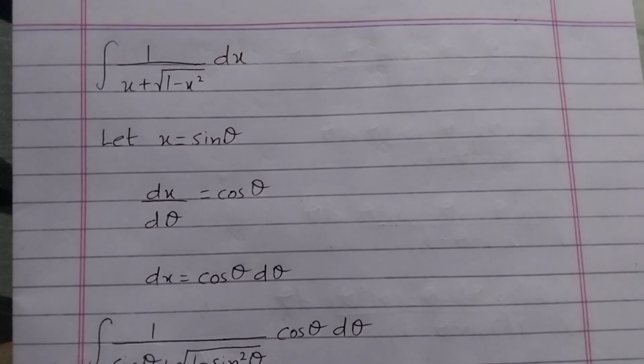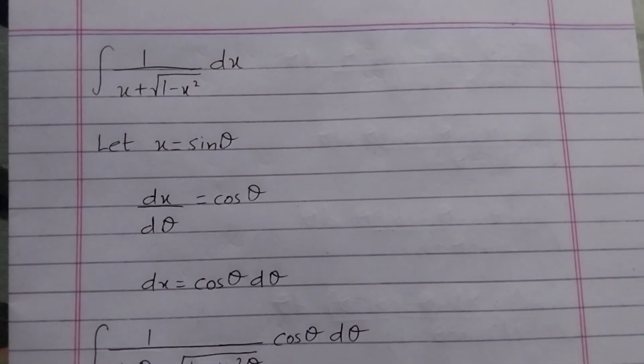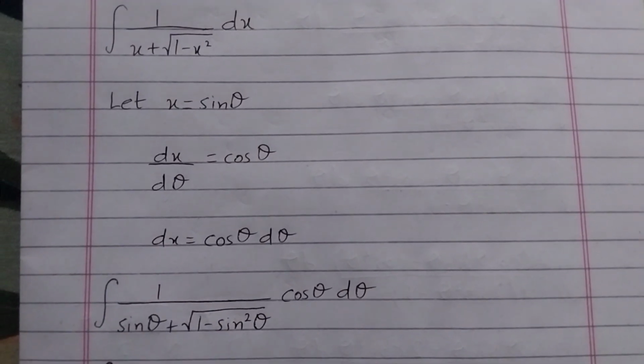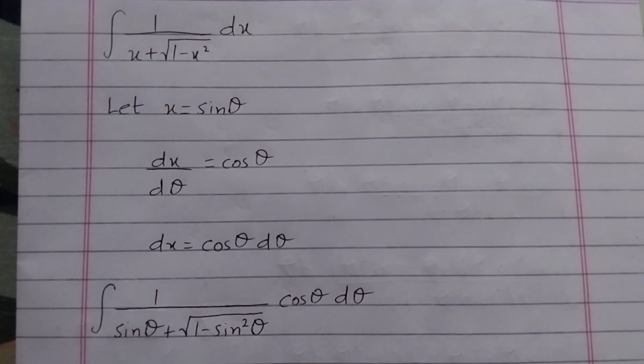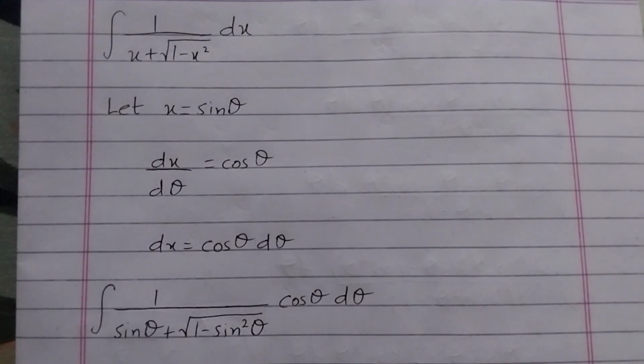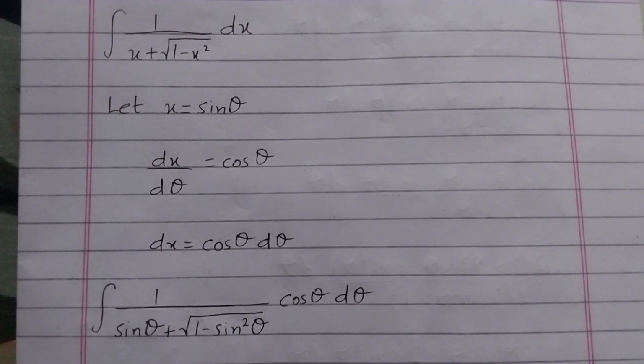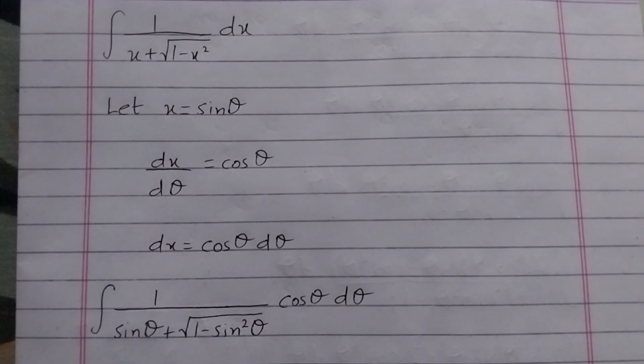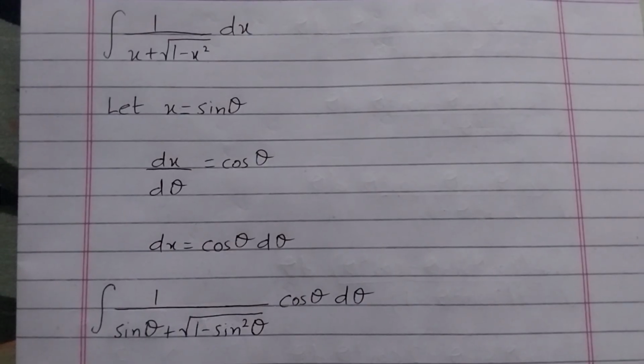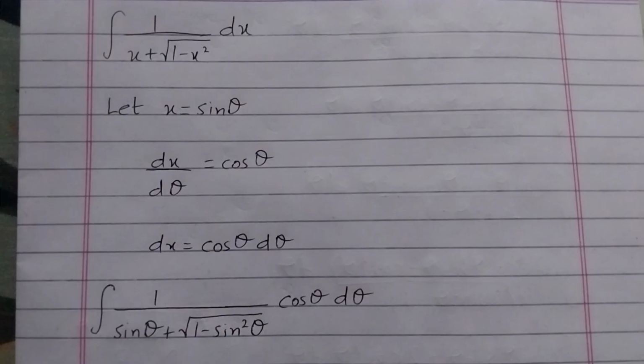So we are letting x equal to sine theta. Because we want this expression in the form of theta now, we also need to replace this dx with a value in terms of theta. So we need to take the derivative of this x.